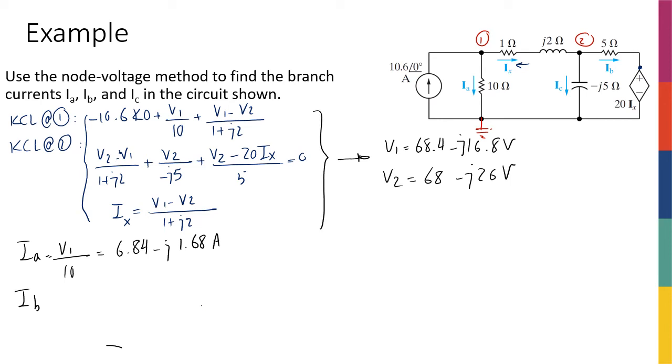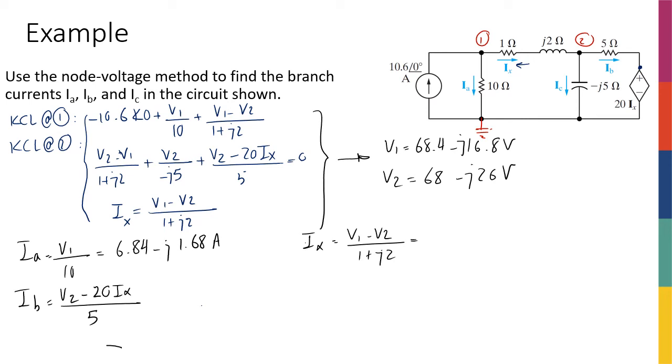As for IB, it's defined as the current going from node 2 flowing through the dependent voltage source. So it's going to be basically (V2 minus 20 Ix) divided by 5. So it's better to first define Ix. Ix is going to be equal to (V1 minus V2) divided by (1 plus j2).